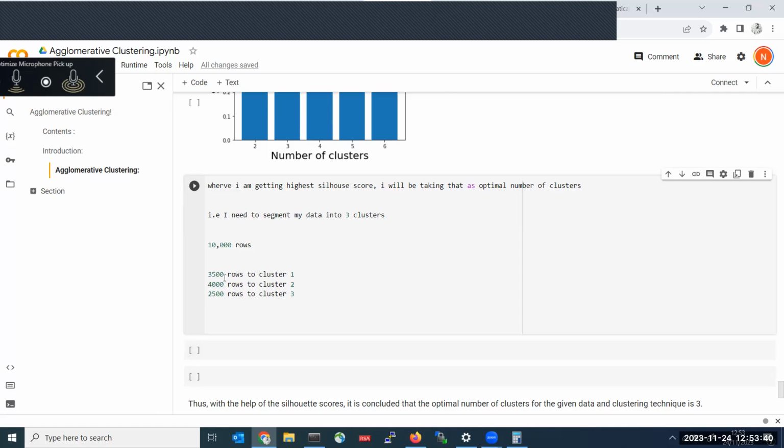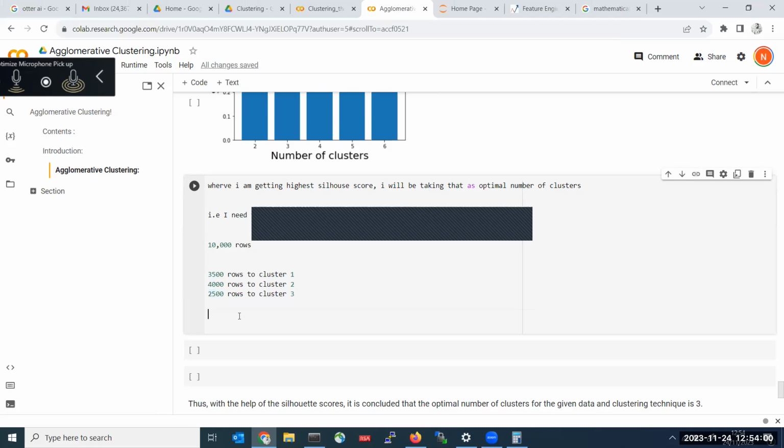There is no need of dividing the entire data into 3 equal groups. 3,500 are similar, here 4,000 rows of data are similar, here 2,500 rows of data are similar. Like that, it will do.